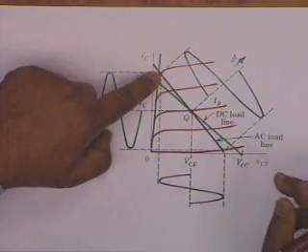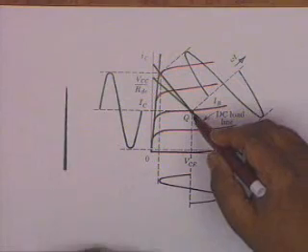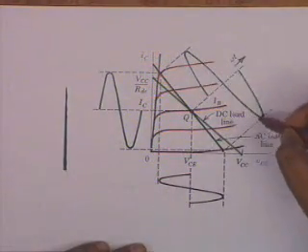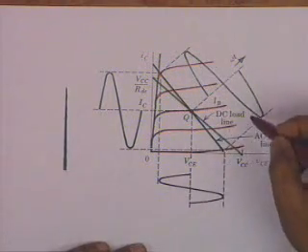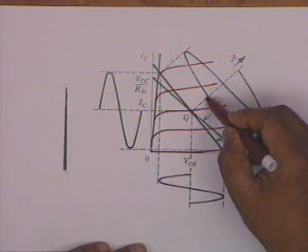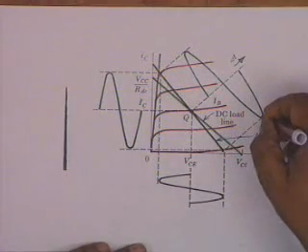It also shows what happens when the base current is allowed to fluctuate through the complete range. This is the base current sinusoid. The zero current is here, zero signal current, maximum signal current is here, minimum signal current is here.